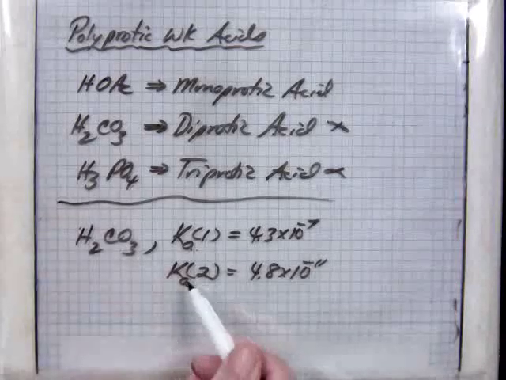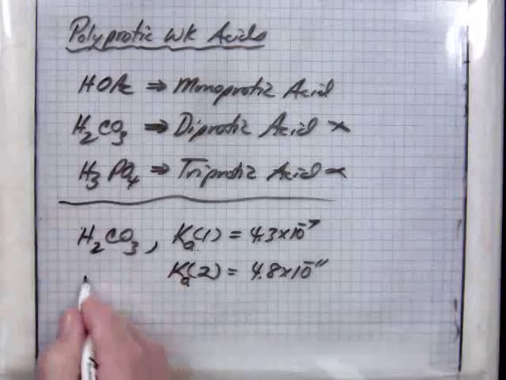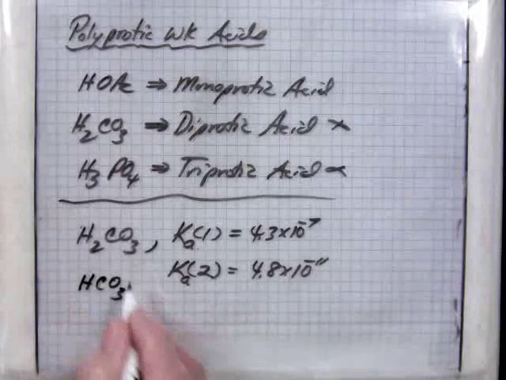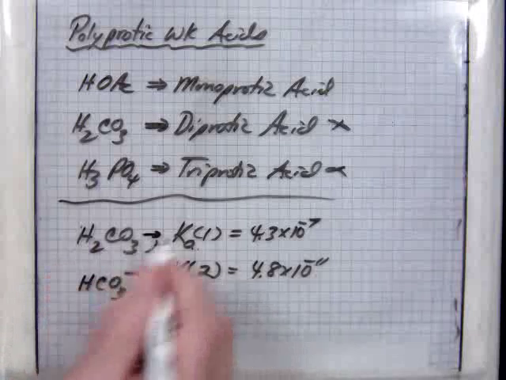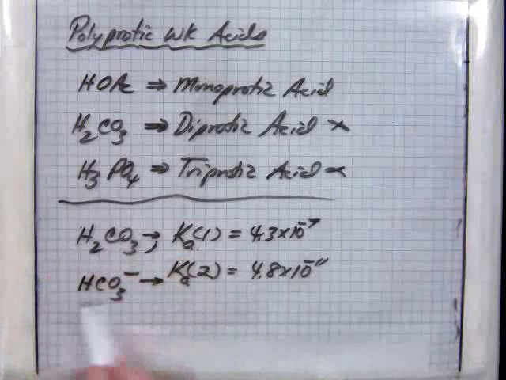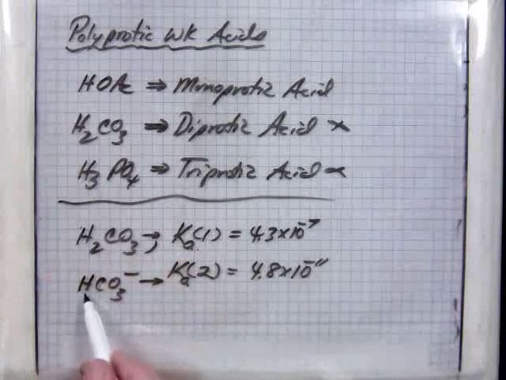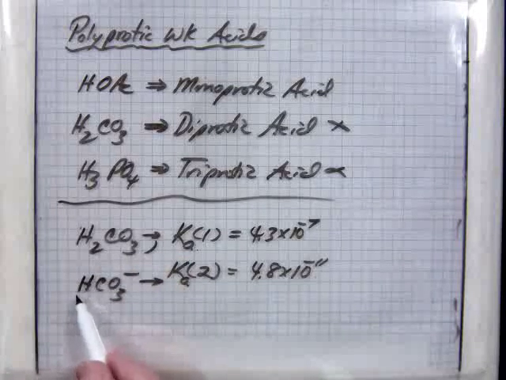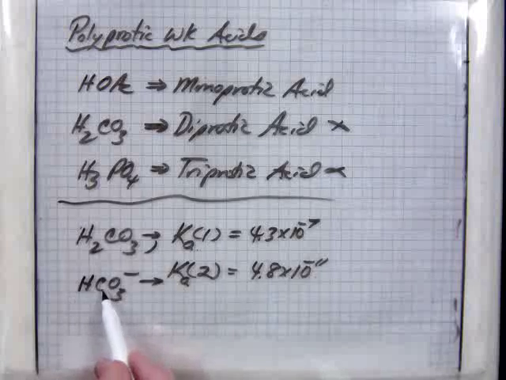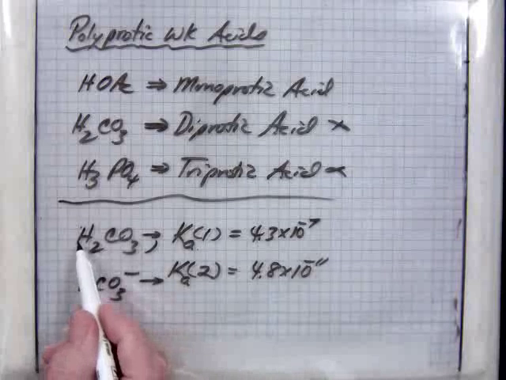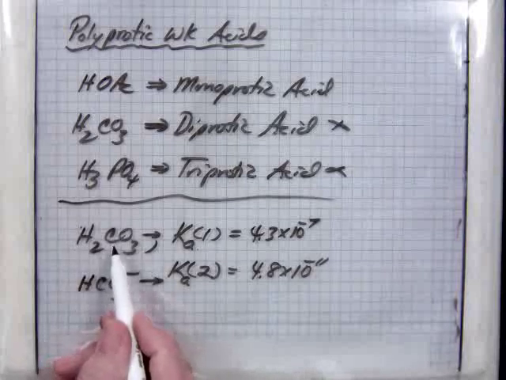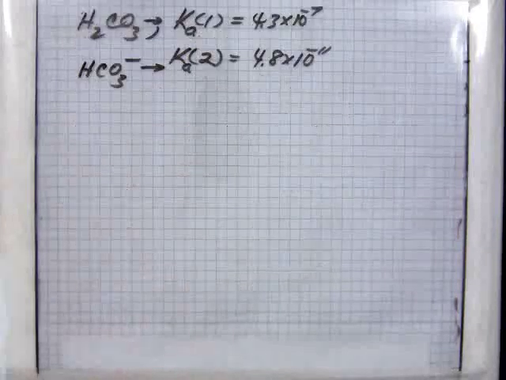That means this second ionization, the HCO3 minus ionization, which is the first ionization off of the carbonic acid, means that the H on the bicarbonate ion is strongly bound to the CO3. It's more strongly bound than the first hydrogen is to the carbonic acid structure. And I'll show you how that works.